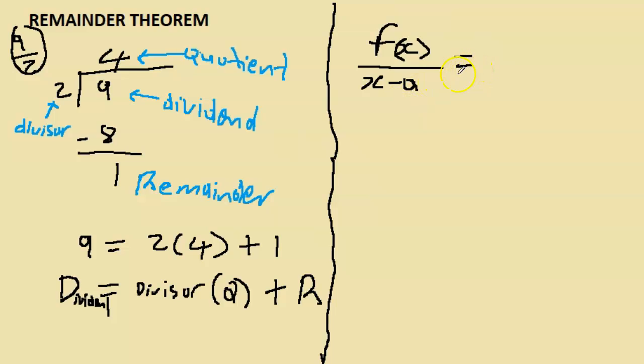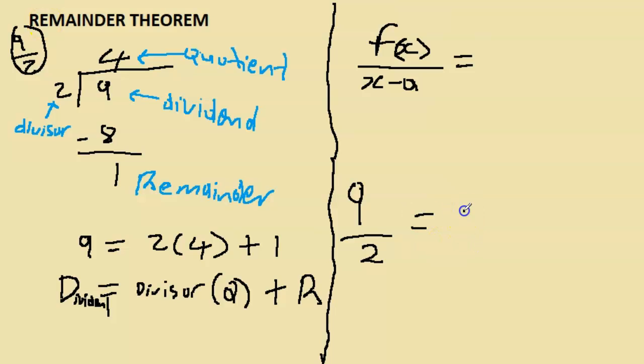what you will end up with, before I go to that, let us remind ourselves of something. If I ask you what's 9 divided by 2, let me put the actual values first.